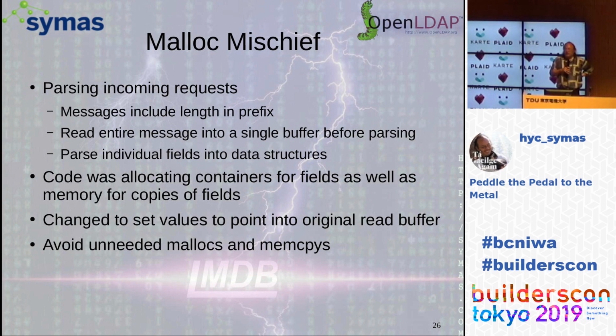Okay. So in an LDAP server, we receive LDAP messages over the network. We have to parse them, store all the fields into a structure that the rest of the server can operate on, and all of this again was heavily using malloc to allocate space for each individual field, and then copying all the data into the fields.